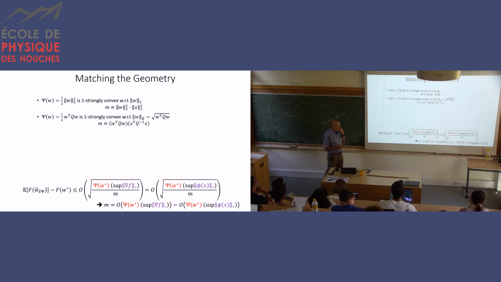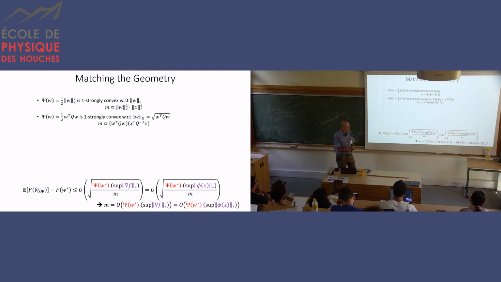If we look at a quadratic norm given by some positive semi-definite matrix Q, then this is basically the same as the Euclidean norm after a change of basis. And again, the square of that norm would always be strongly convex with respect to this norm.